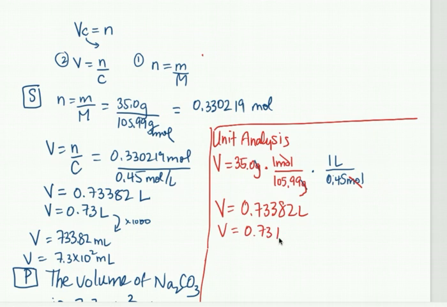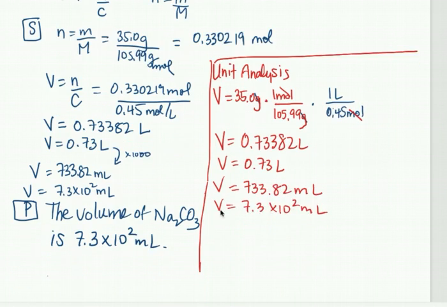So rounded up, that's what it would be, but in milliliters, that's what it will be. Then you can change it to scientific notation if you need it down to 2 digits, like that.